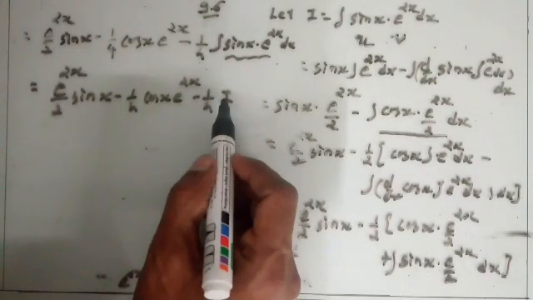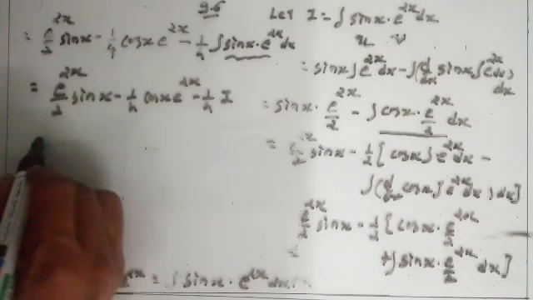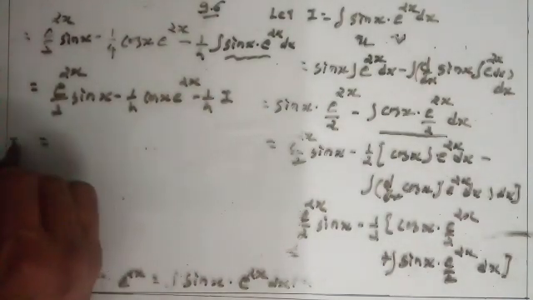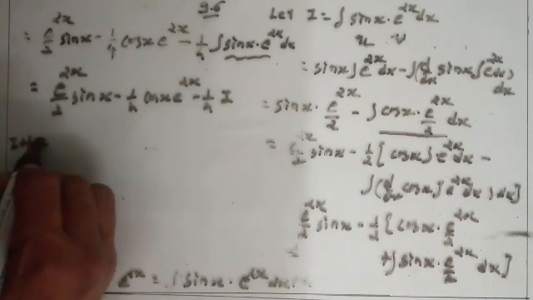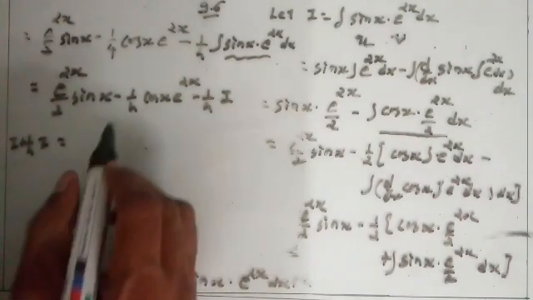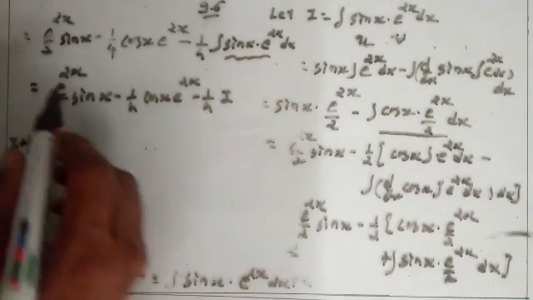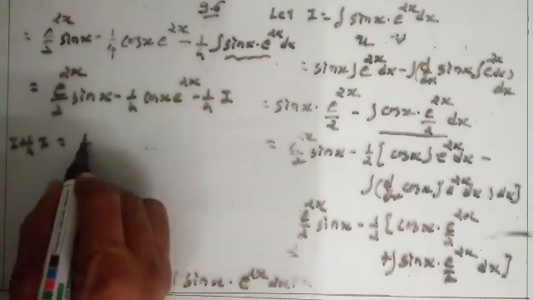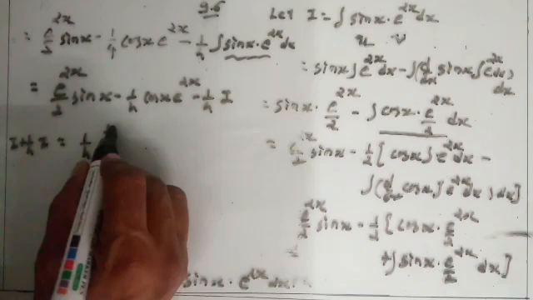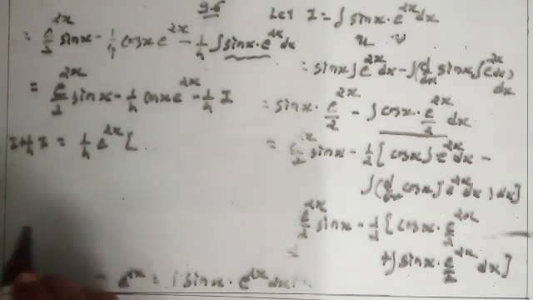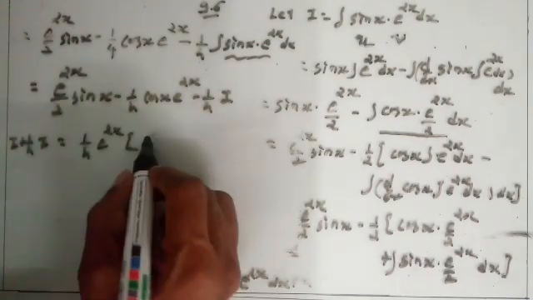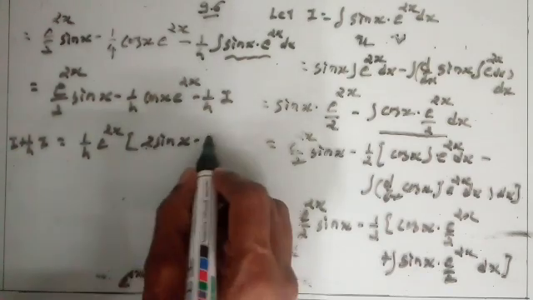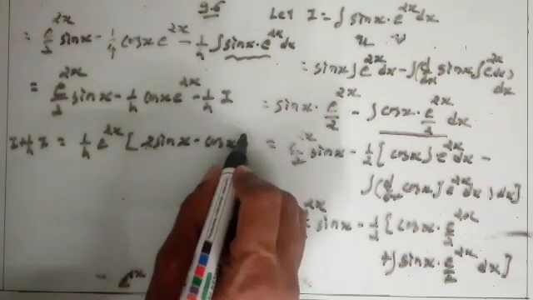Minus 1 upon 4 I, take this to the left side. Here we get I plus 1 upon 4 I is equal to e raised to 2x with 1 upon 4 taken common, so 1 upon 4 e raised to 2x taken common, so in the bracket the remaining terms become 2 sin x minus cos x. Clear?